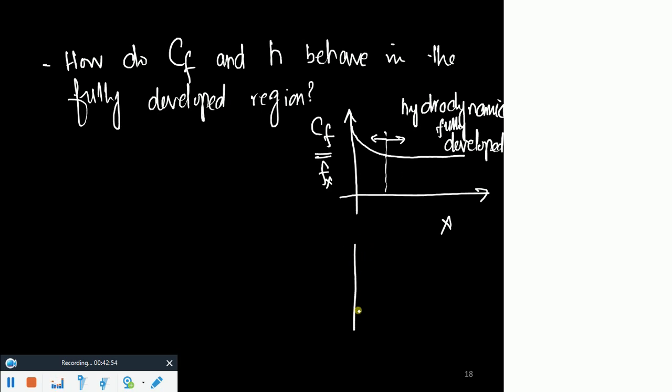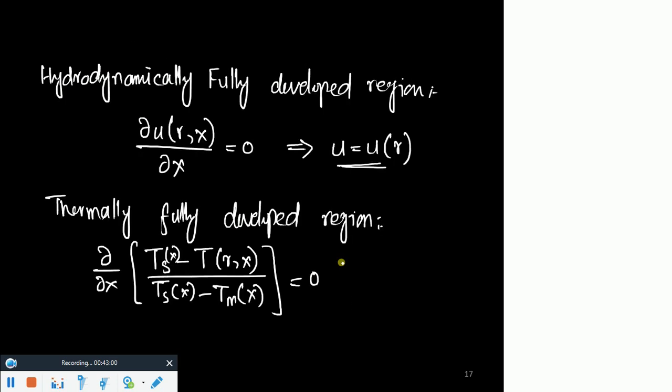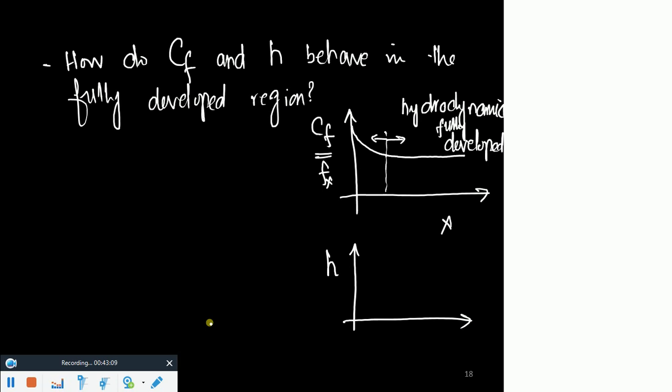Let's talk about h. We need to keep this parameter constant inside the thermally fully developed region, right? Now, what is the definition of h? Did you remember that? How can you find that out? You remember this k partial T by partial r at r equal to R over Ts minus Tm kind of definition in the last chapter.